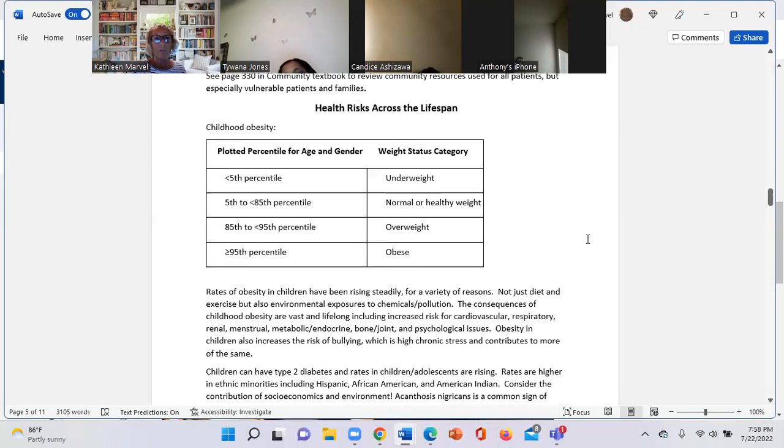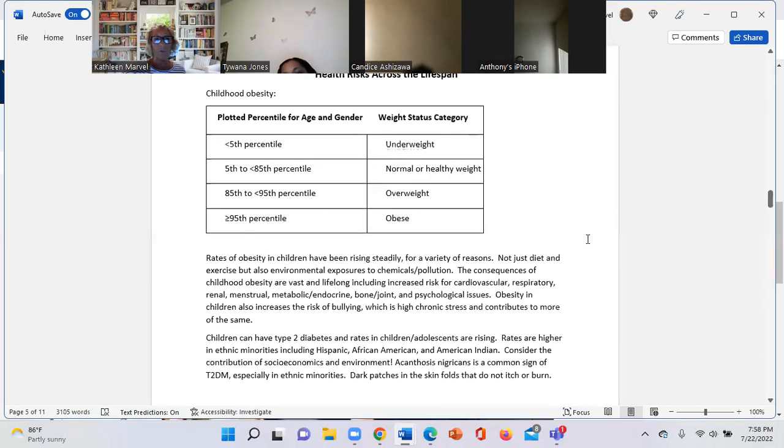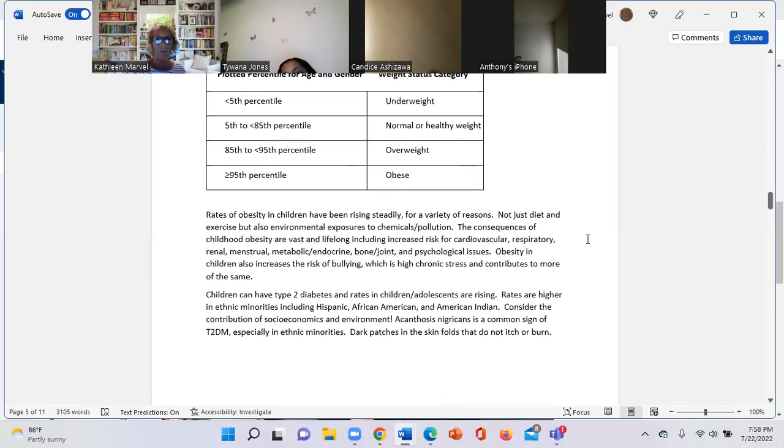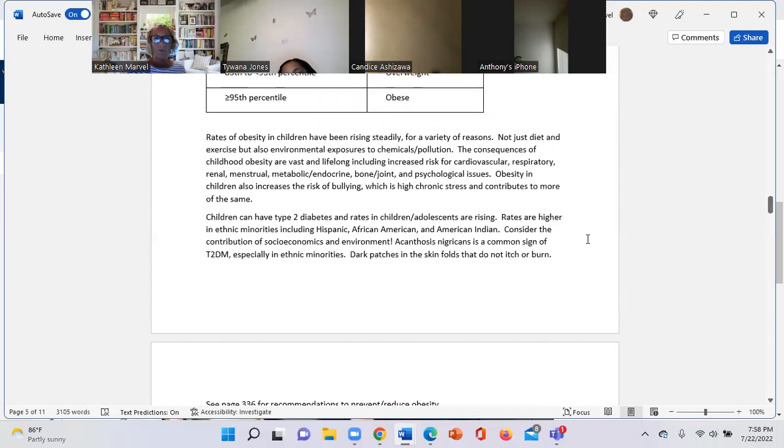Childhood obesity is one of the biggest risks in our kids right now. Rates of obesity in children have been rising steadily. Why? Not just diet and exercise, but also environmental exposures to chemicals and pollution.